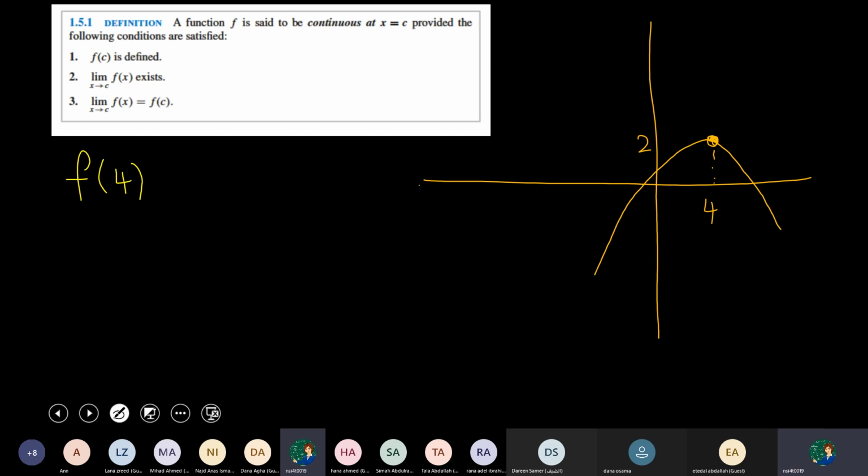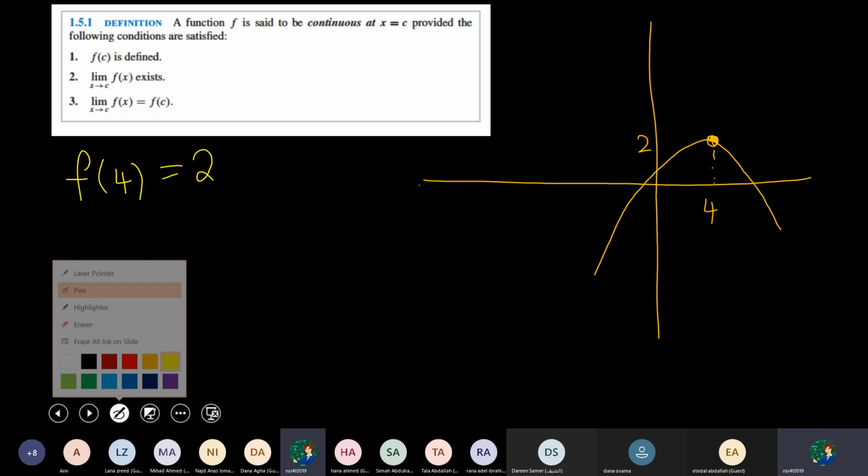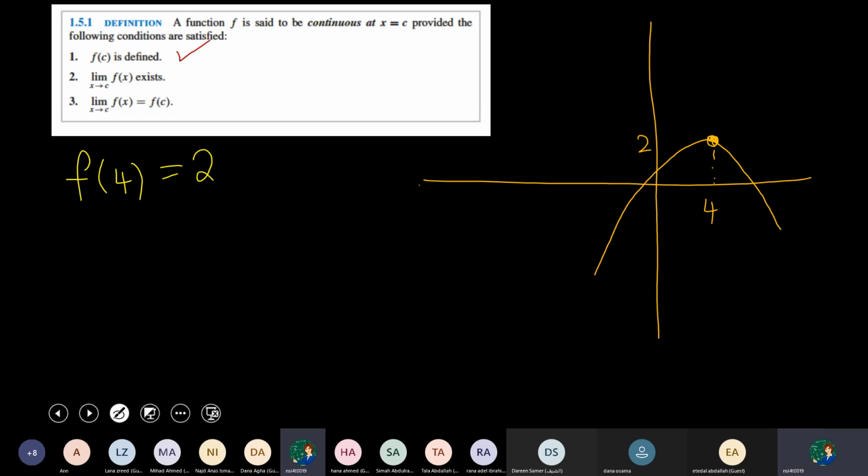What is the value of f of 4? 2. It is 2. Thank you. So, does f of 4 exist? Is it defined? Yes. So I can say that the first condition was satisfied.